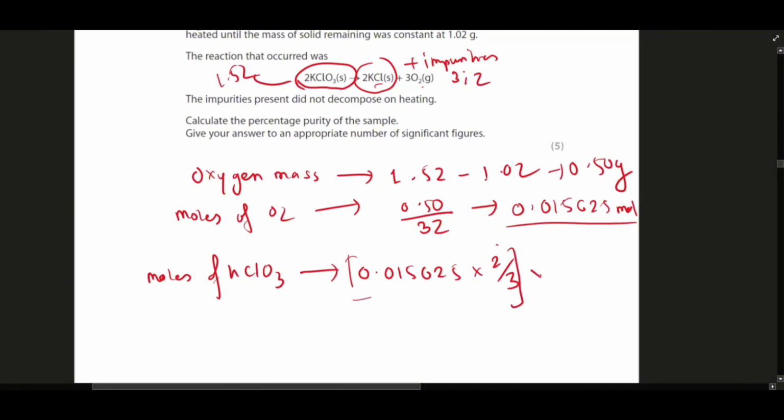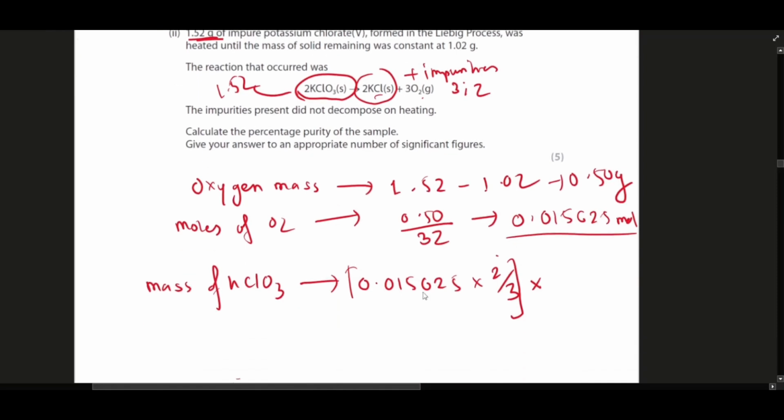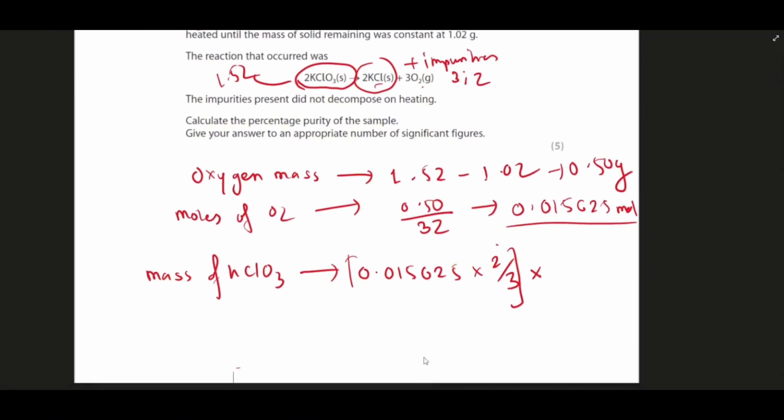If you multiply by the molecular mass, then you'll also be able to get the mass, right? So instead of just finding the moles, let us directly find the mass. What will be the molecular mass of KClO3? Can you just find it out, please? I believe it's 74 point something.